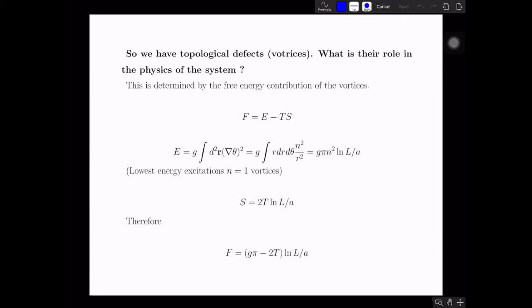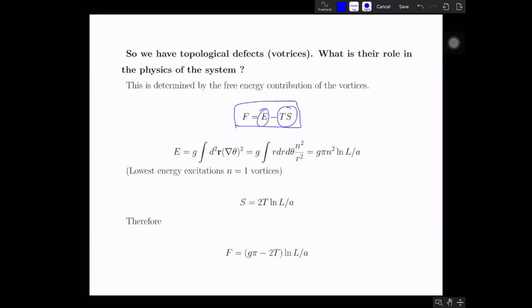The free energy has 2 different contributions. One is the energy, and the other is temperature times the entropy. First, we want to understand the energy contribution. Here, what we haven't discussed is the microscopic Hamiltonian that we started out with.